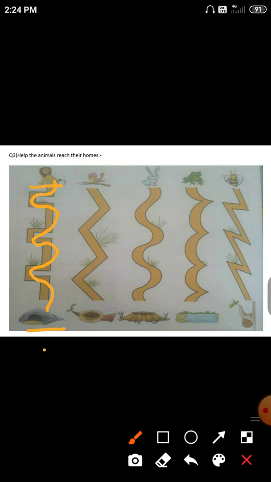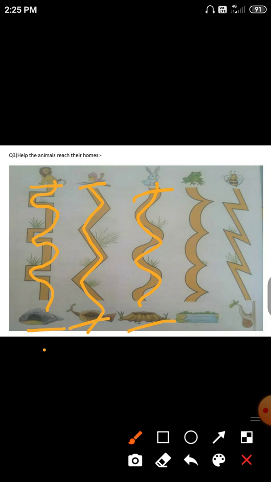Then the second one, bird. The bird is here, then the bird's house is here. Then the third one, the rabbit is here and the rabbit's house is here. Like this you have to write and reach their home.